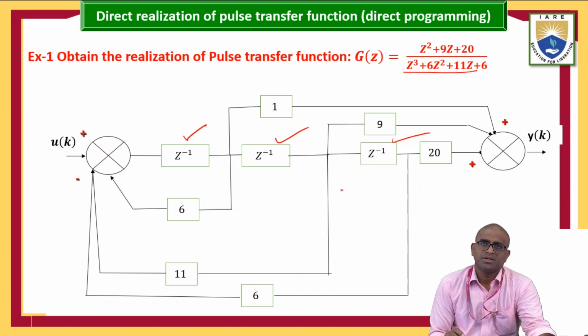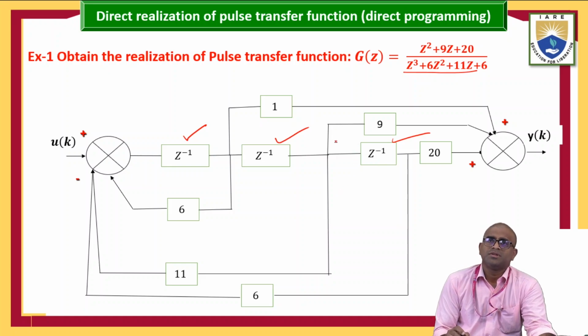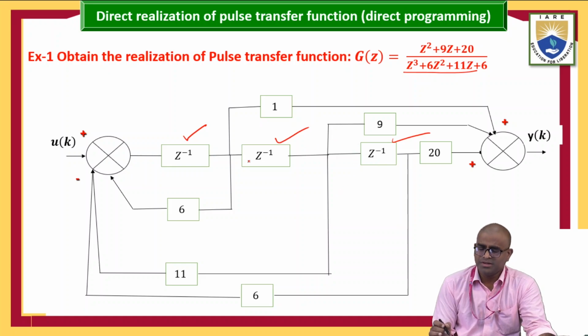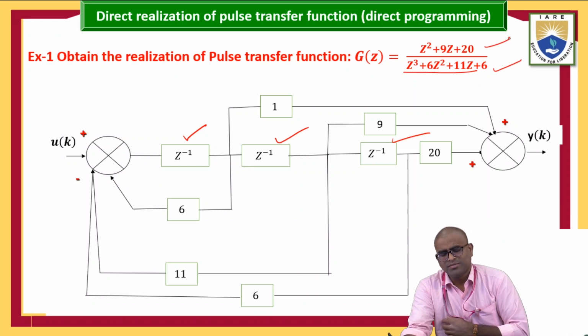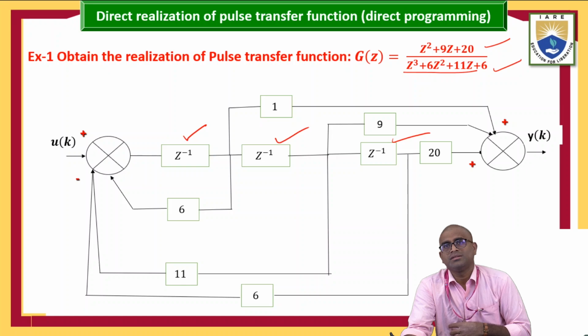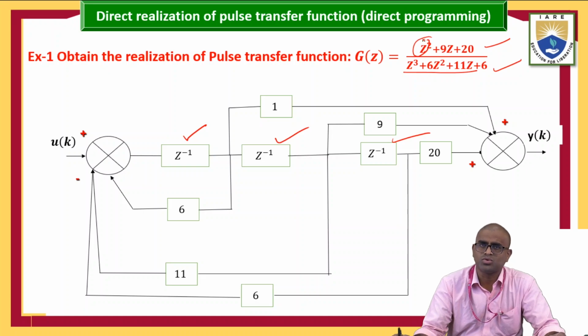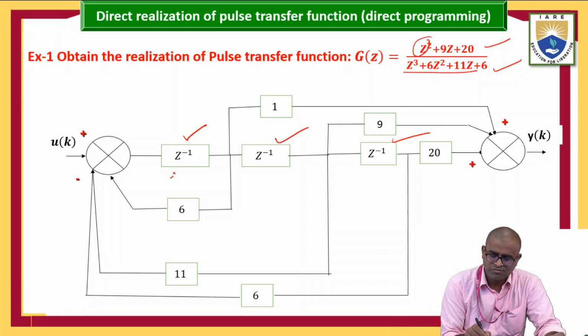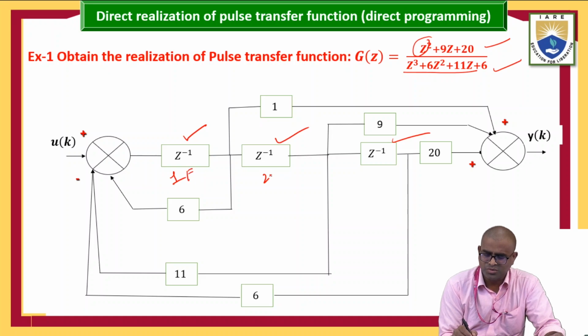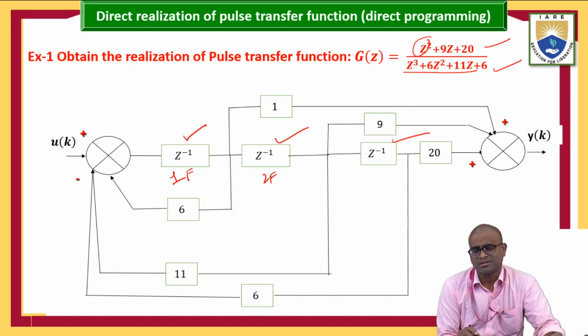After that, see, coming to the feedback path and the forward path. Coming to the first forward path, it is z square. The order is 2. So 1, 2, first forward path, second forward path. So 2 power is coming.